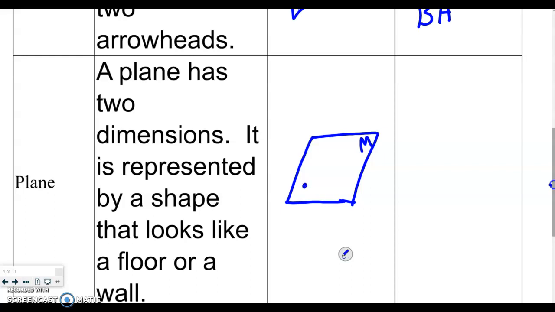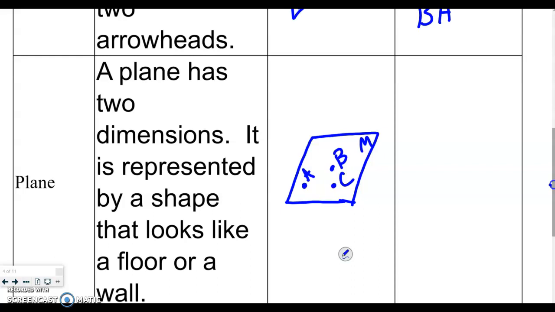But if we had some points on the plane, say we have point A here, maybe point B here, point C there. As long as we know 3 points on the plane, we can use those points to name the plane.